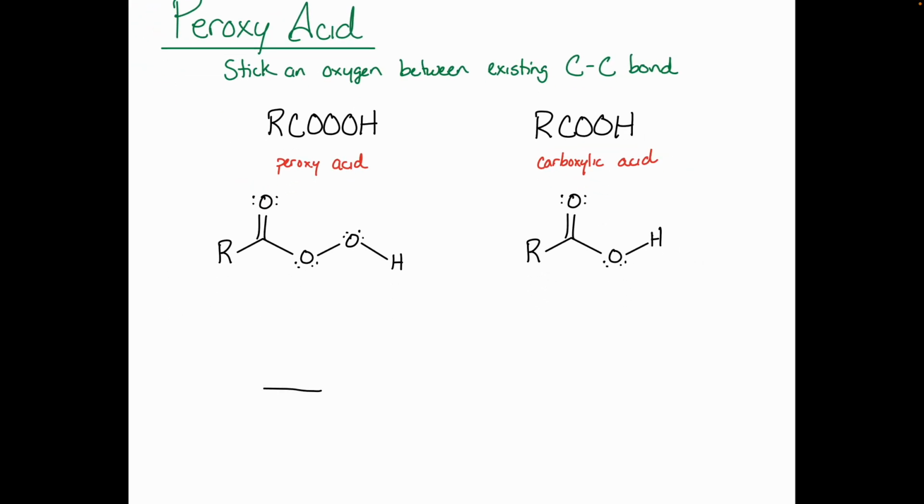So if we take an alkene and treat it with this peroxy acid, we will get our epoxide, with that oxygen inserted between that carbon-carbon pi bond, and a carboxylic acid. That's the same peroxy acid, just now minus that oxygen that was inserted between those two carbons.